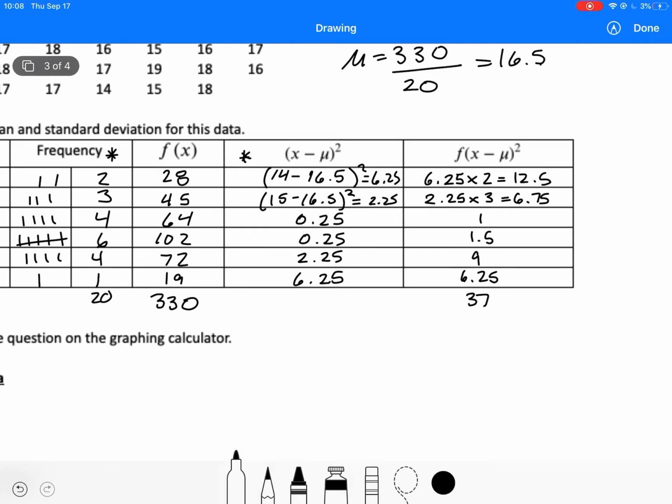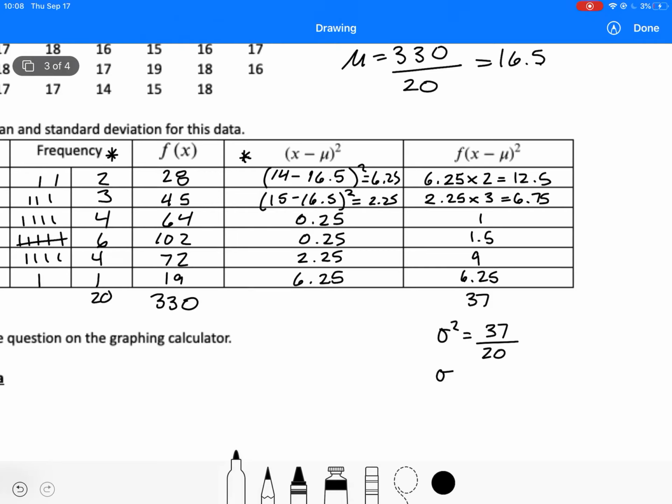So we've got 37. So now we've got the sum of those values. And then we're going to calculate our variance as 37, so the sum of the squared differences between our data values and the mean, and then we're going to divide by our total number of data values.